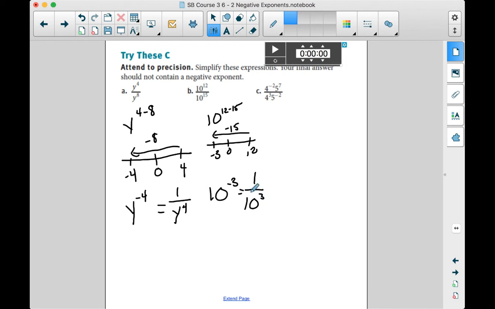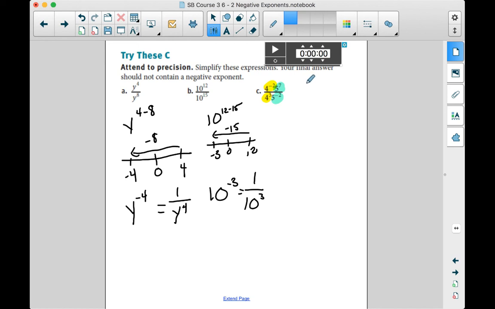So that's done there. So now if I look over here, I have a lot going on. I actually have 2 different bases. So in yellow is a base of 4, and then in green is the base of 5. And I can think of them as two separate problems. Or I could separate it all out.